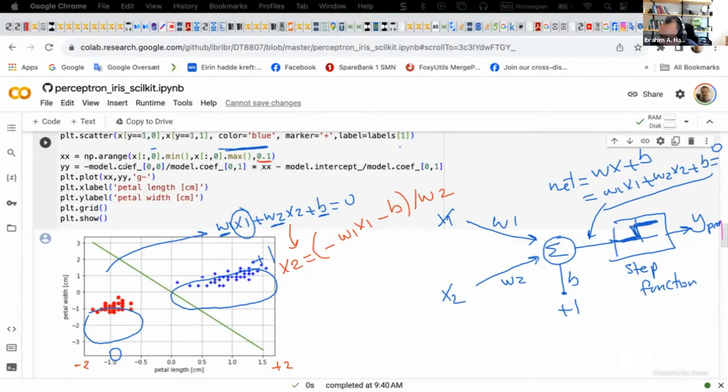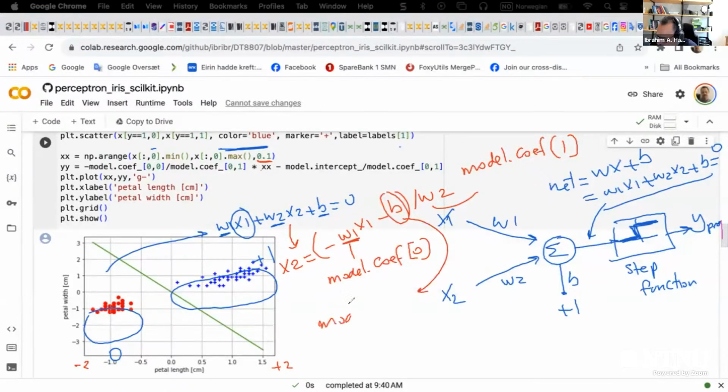Remember, the model coefficients: this one is model dot coefficient 0, this one is model dot coefficient 1, and this one is the intercept, model dot intercept.